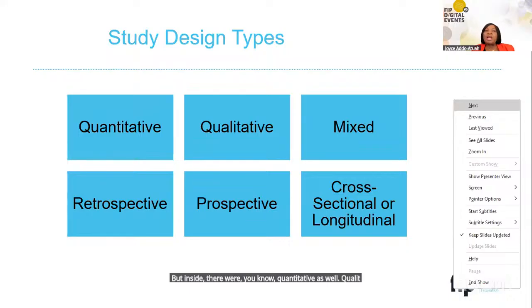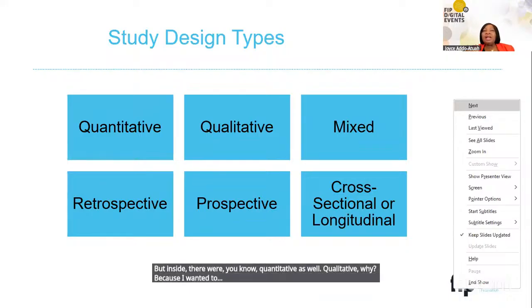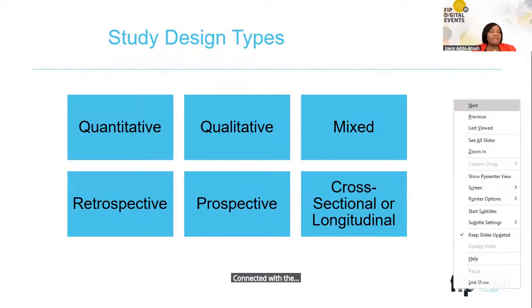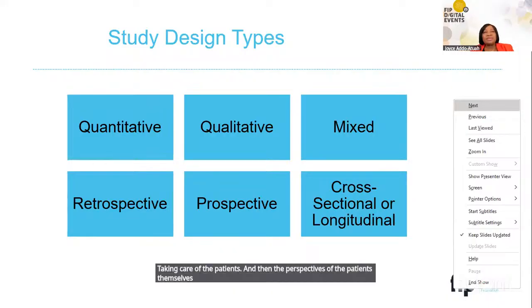Qualitative, why? Because I wanted to see and experience the perspectives of different people who are connected with the antiretroviral therapy program. So having in-depth interviews with providers who are taking care of the patients, and then the perspectives of the patients themselves.